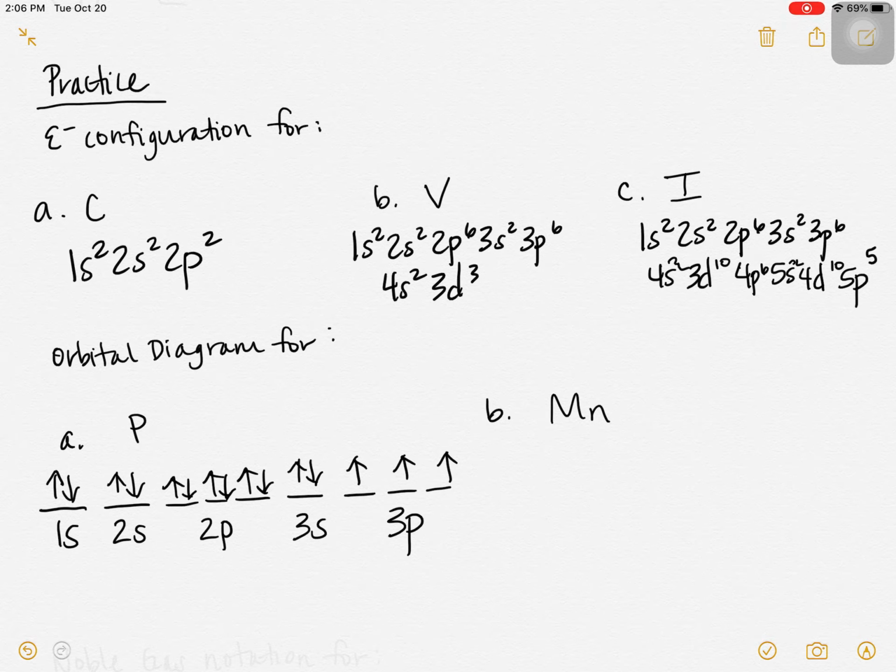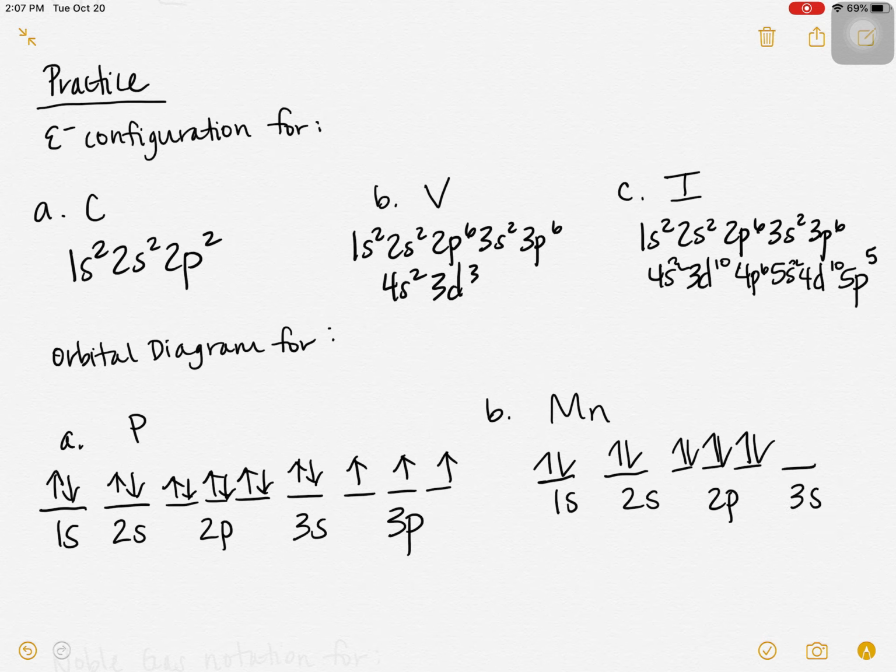Manganese, not magnesium, manganese, Mn. So 1s. I'm going to teach you a trick. It's often acceptable to see half arrows here, and that's only because you don't have to lift your pencil, and you can fill them very quickly. So I'm going to switch to that now. So 2s, an up and a down. 2p is full with an up, up, up, down, down, down. 3s is full, up and down. 3p is full, up, up, up, down, down, down. 4s is full, up, down.